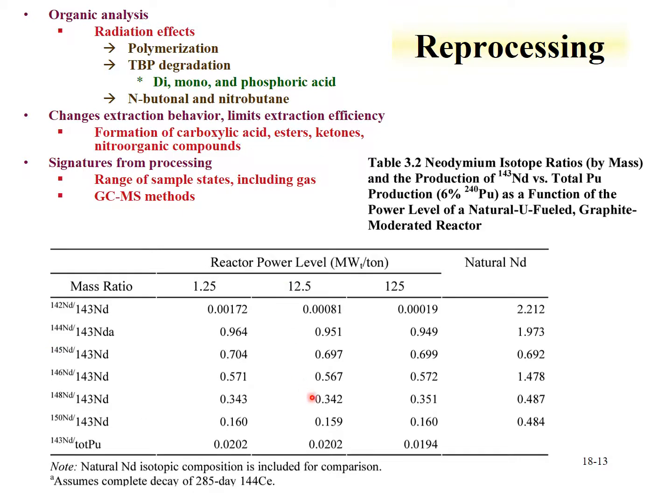And the fact that we don't have a large change is actually something one could exploit, because it can give us an idea of where material is coming from that's used in the actual separation process itself, due to the fact that this natural neodymium isotopic ratio is indicative of the material prior to its introduction, into contamination, into treating a material that's gone through a reactor.